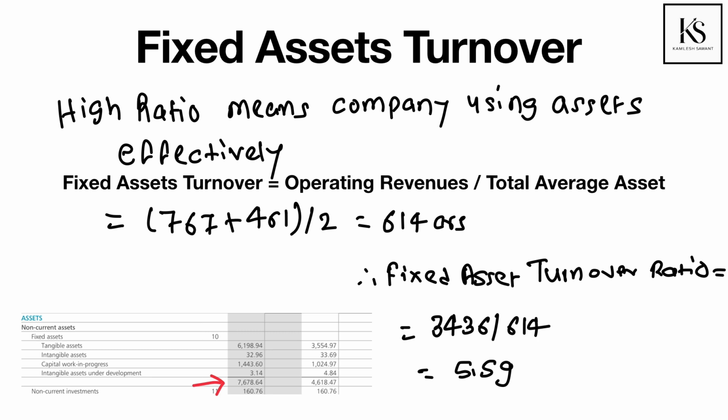You can notice this in case of ARBL as well. For FY13, the fixed asset value is 461 crore rupees, and for FY14, the fixed asset value is 767 crore rupees. This ratio is mostly used by capital intensive industries to analyze how effectively the fixed assets of the company are used.